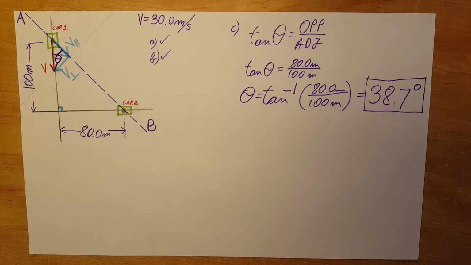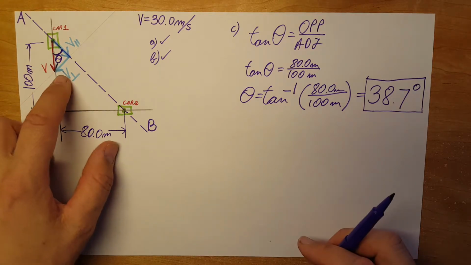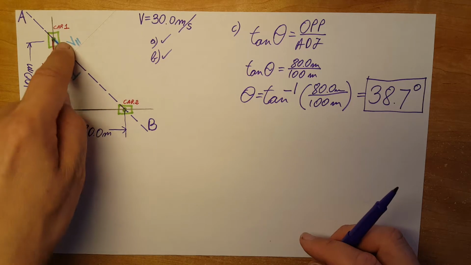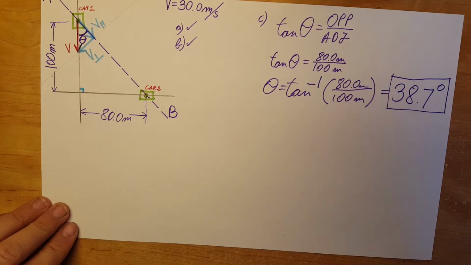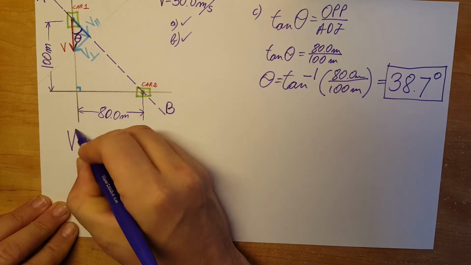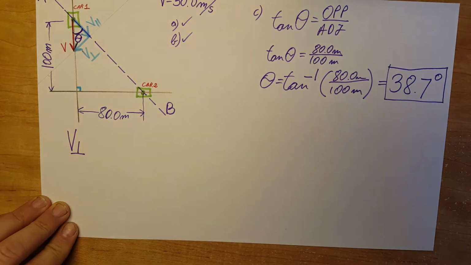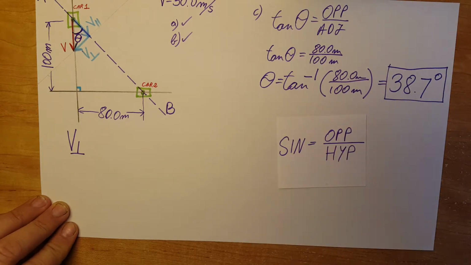Okay, the next step of the problem is asking us to describe each component of V with a trig function of theta. So, V perpendicular and V parallel. Each one we need to describe as a trigonometric function. So let's start with V perpendicular. For this one, we're gonna use our equation for sine.